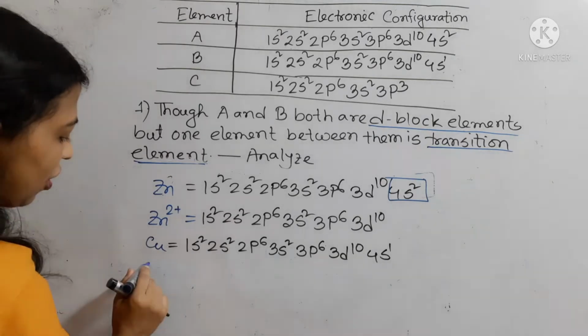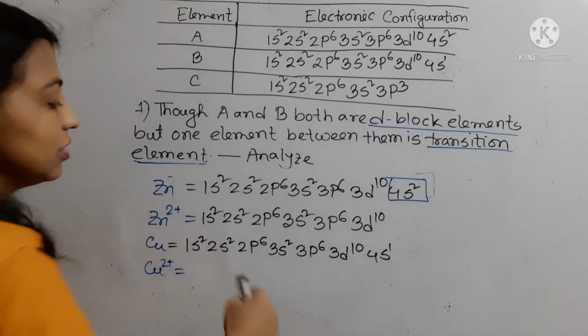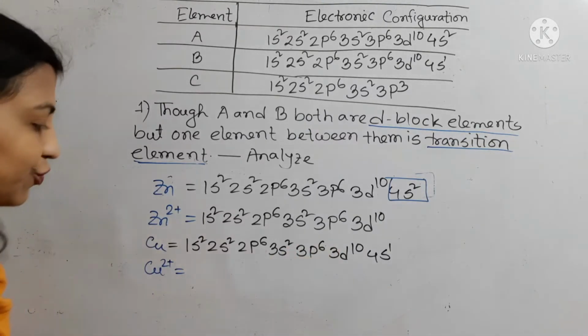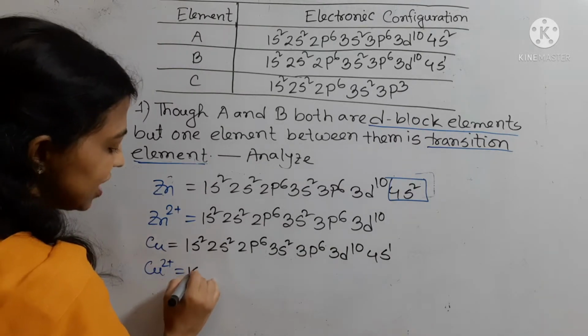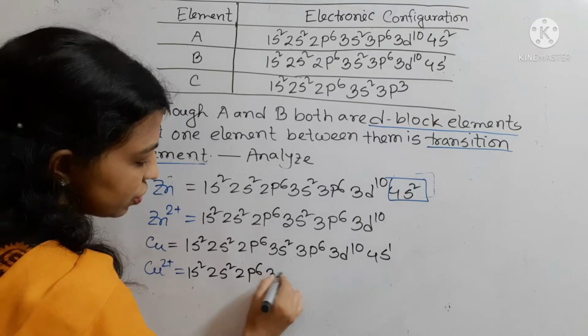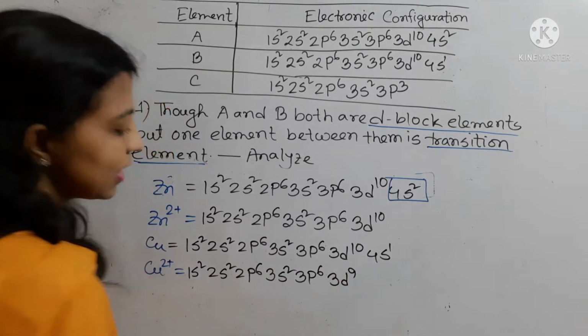So when copper forms copper 2 plus, one electron will be lost by copper from the 4s orbital and another electron from the 3d orbital. So the electronic configuration of copper 2 plus is 1s2, 2s2, 2p6, 3s2, 3p6, 3d9.